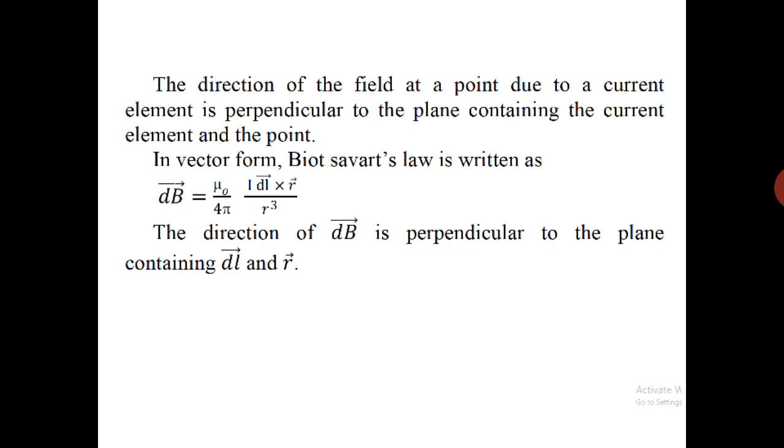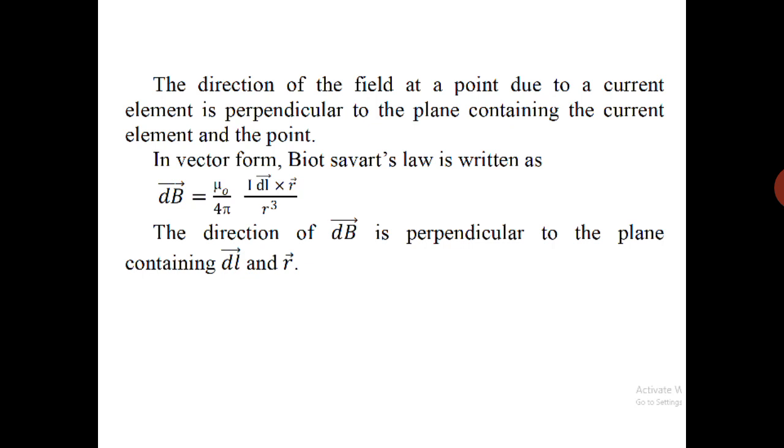So we can write dB in vector form as mu naught by 4 pi, this one is the proportionality constant, I dl cross r, vector dl cross vector r, divided by r cube. Previously it was mu naught by 4 pi I dl sin theta by r square.